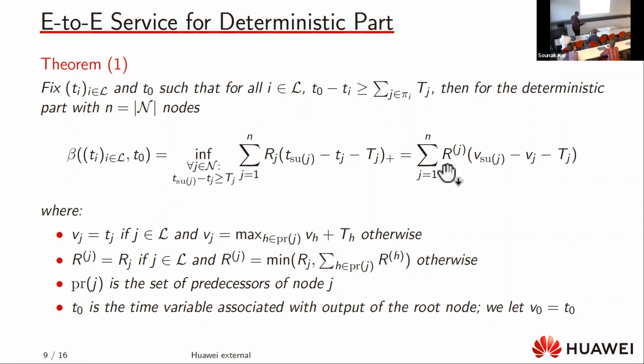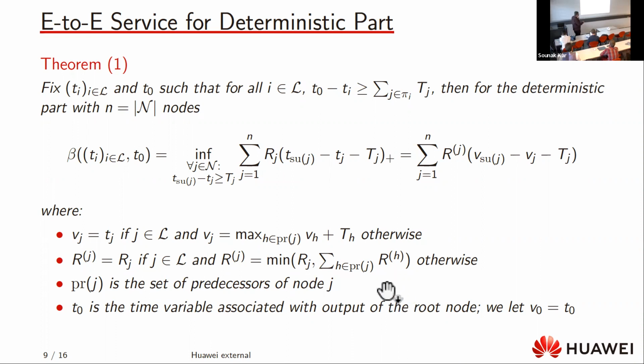Now here, R sub j is the minimum of R_j or the sum of its children, except if it's in L, then it's the same as R_j. So if it's in the set L, the first deterministic layer, then R sub j equals R_j. For the other layers, we take the minimum of R_j and the sum of the rates of all its children, right?